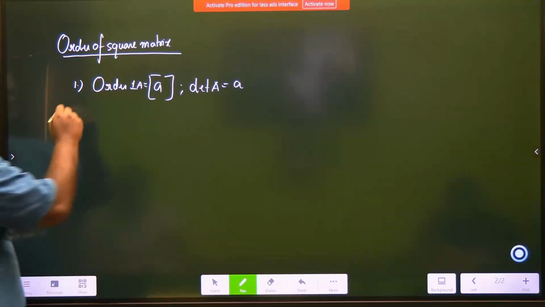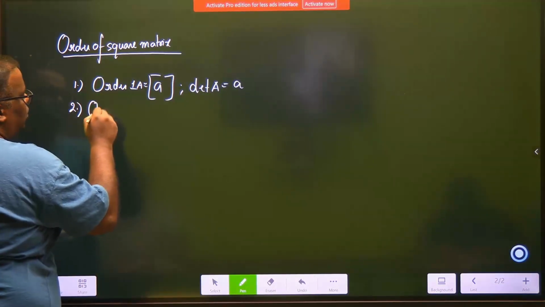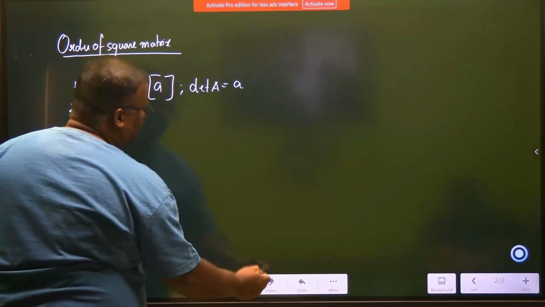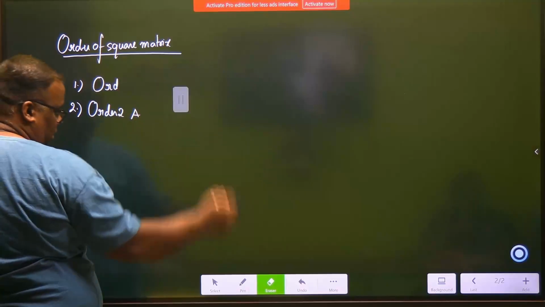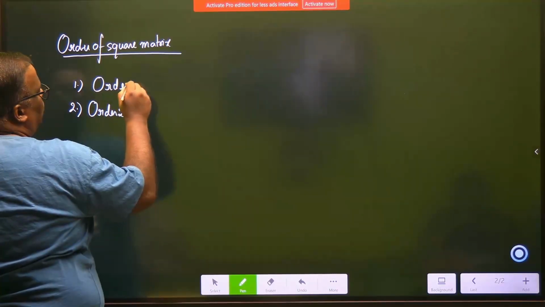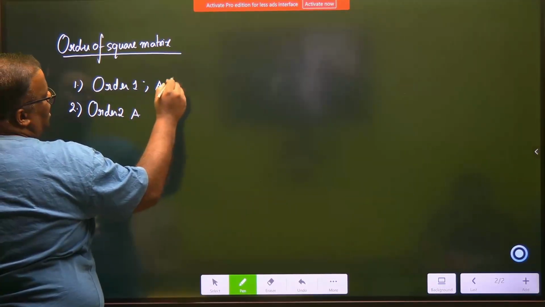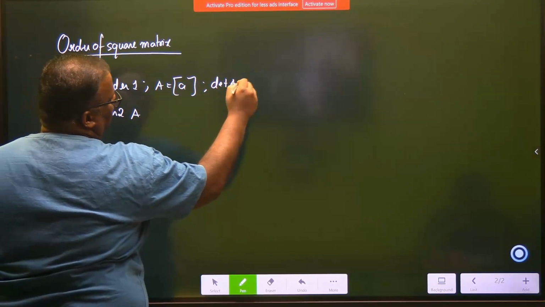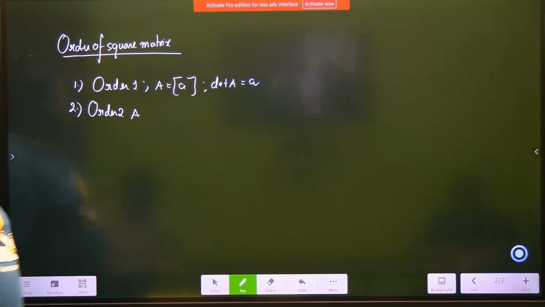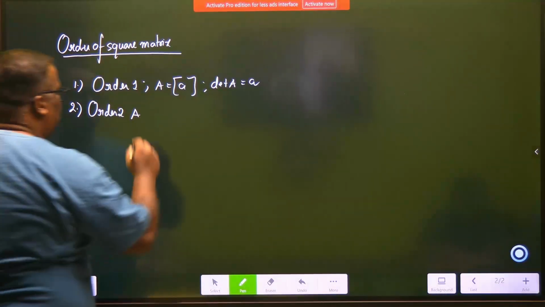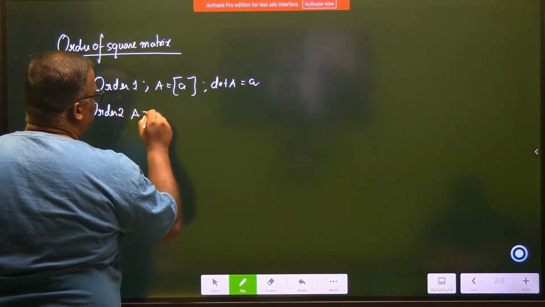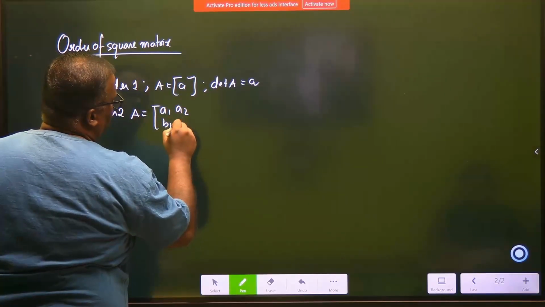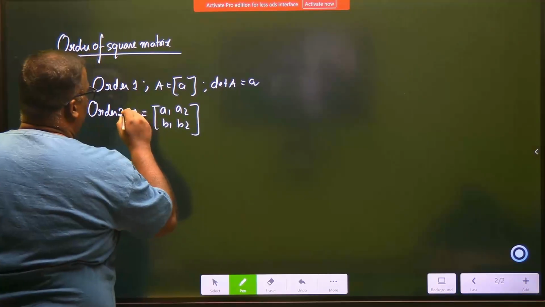Now let's go to order 2. Let's say order 1, your matrix is A equal to A. In this case, your determinant of A would be only A. Let's say we take order 2, where my matrix is now A1, A2, B1, B2, typically like the matrix that you had.